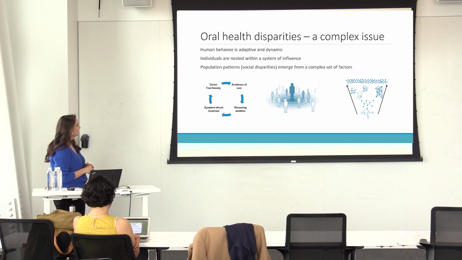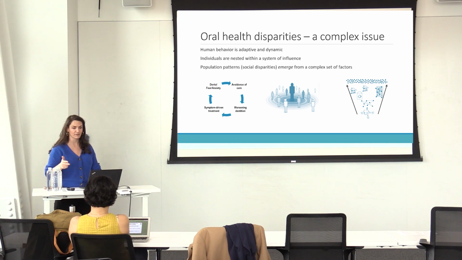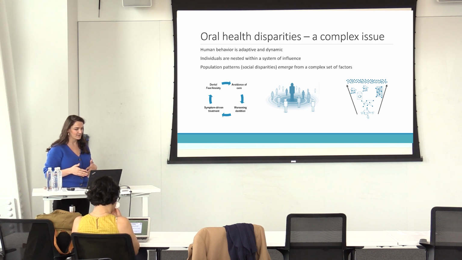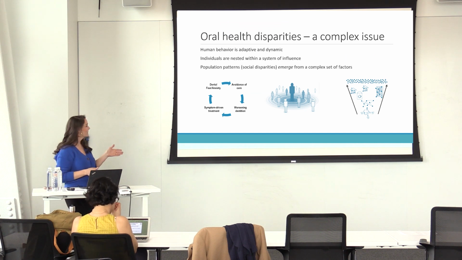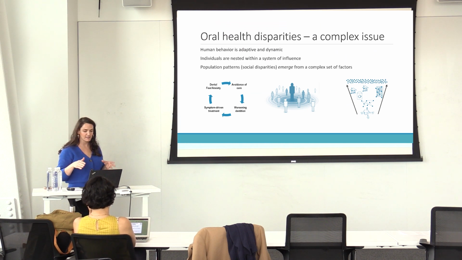And so things that we have to keep in mind is that human behavior, whether you brush your teeth, how much carbohydrates, sugary foods, sugary beverages you're drinking, whether or not you have access to a dentist or can utilize dental services, those behaviors are adaptive and they're dynamic. We also have to remember that individuals are nested in a system of influence and that these population patterns that we're seeing, these social disparities, they emerge from a complex set of factors.